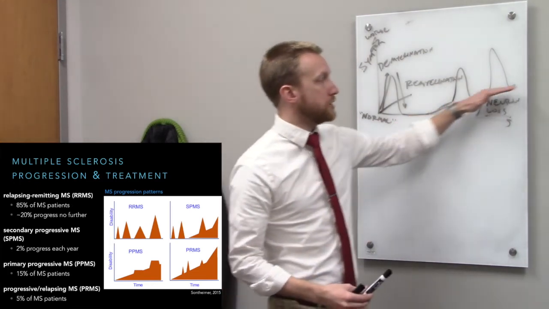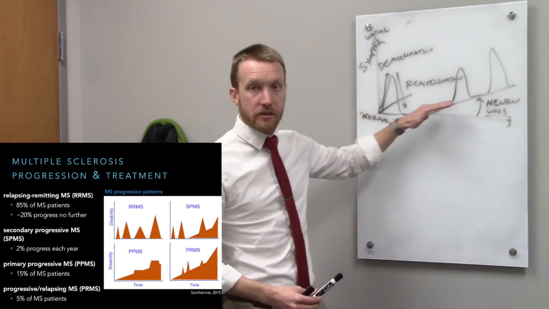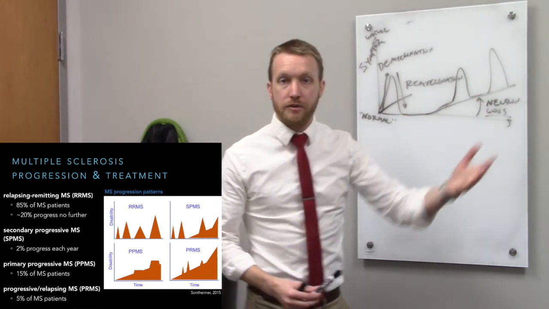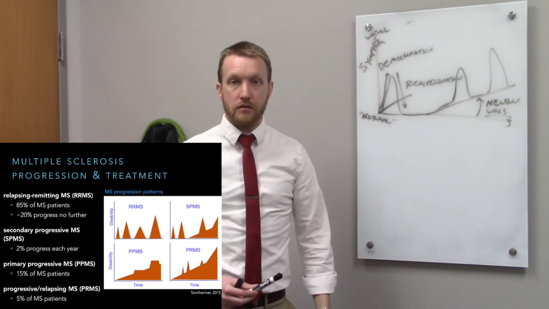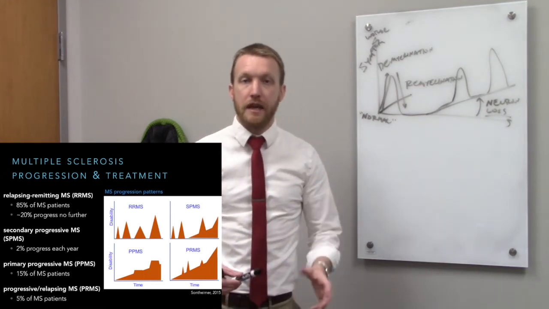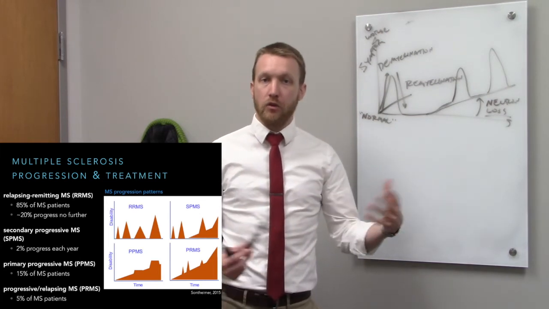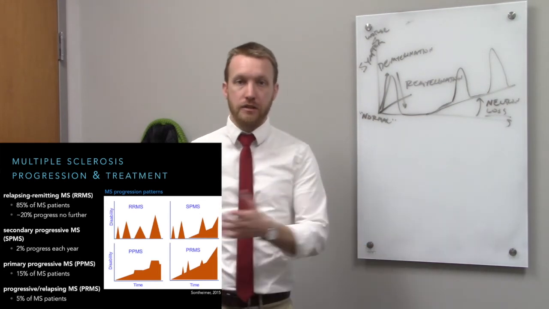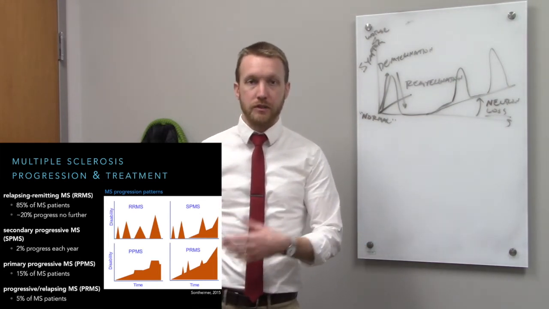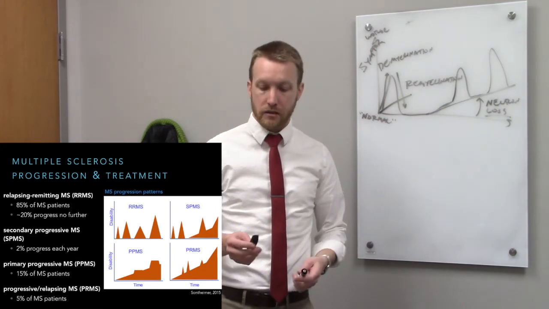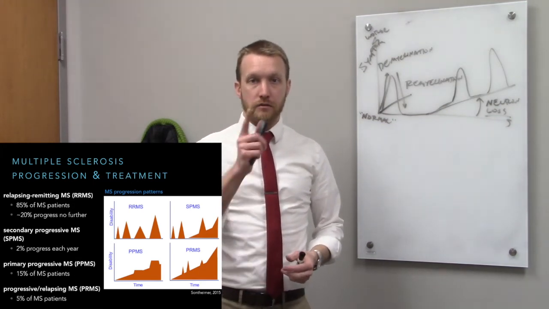So progression is going to be caused by neuron loss, just like what we'll see in ALS. ALS is caused by the death of motor neurons. It progresses, it only gets worse. You're not going to see remission, because once those neurons are gone, that's it. They're all special, just like you.